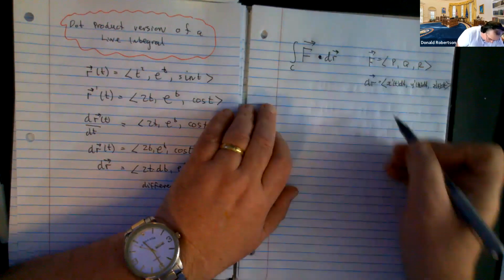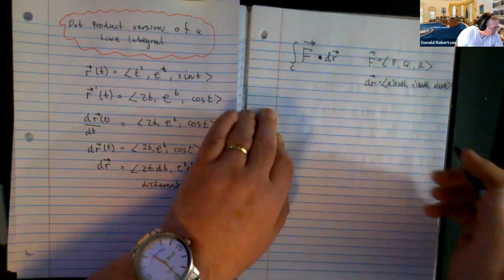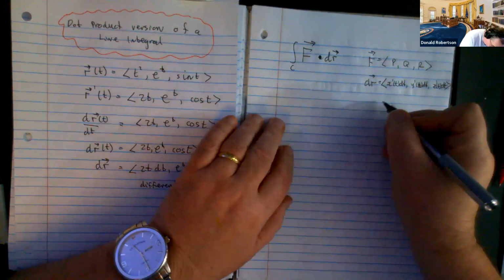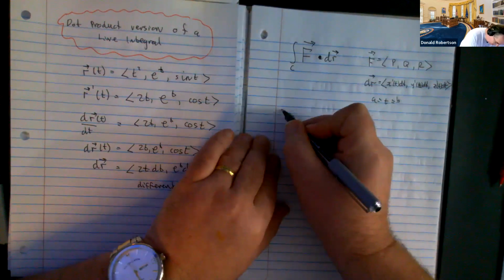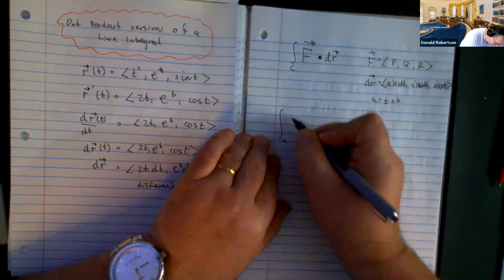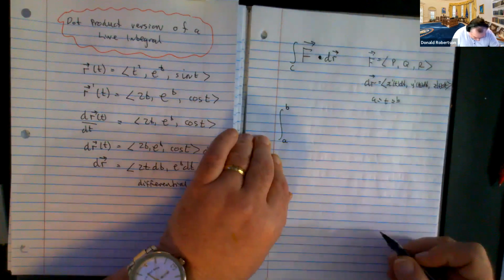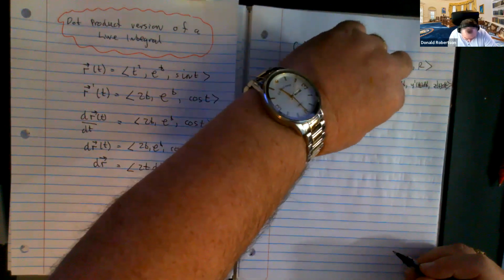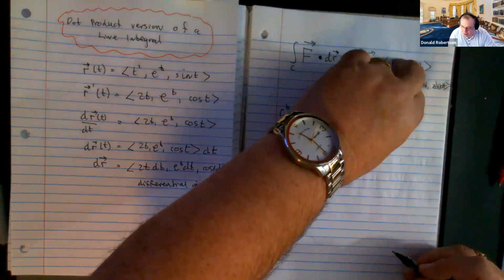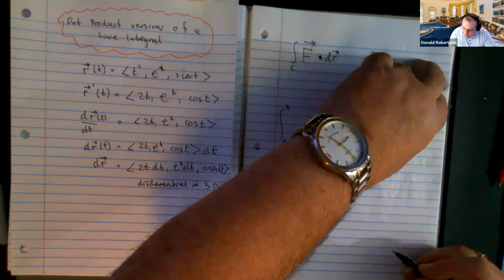And so this fella, essentially, from t equals a to b, becomes the integral from t equals a to t equals b. If you do a dot product, don't you just multiply the x's together, multiply the y's together, and multiply the z's?